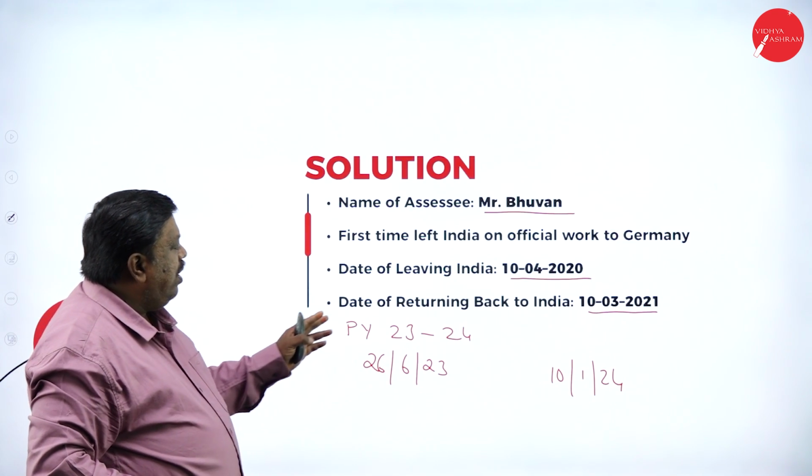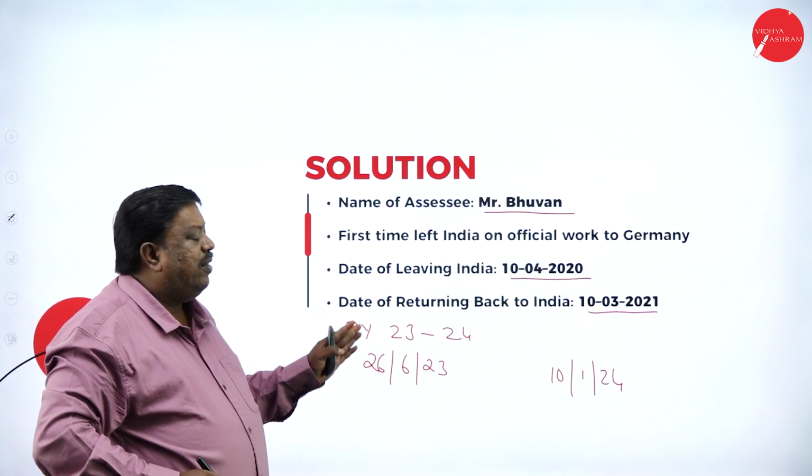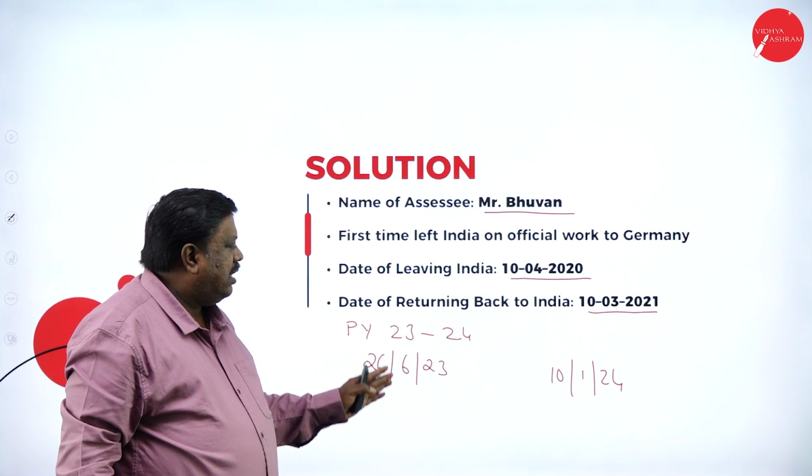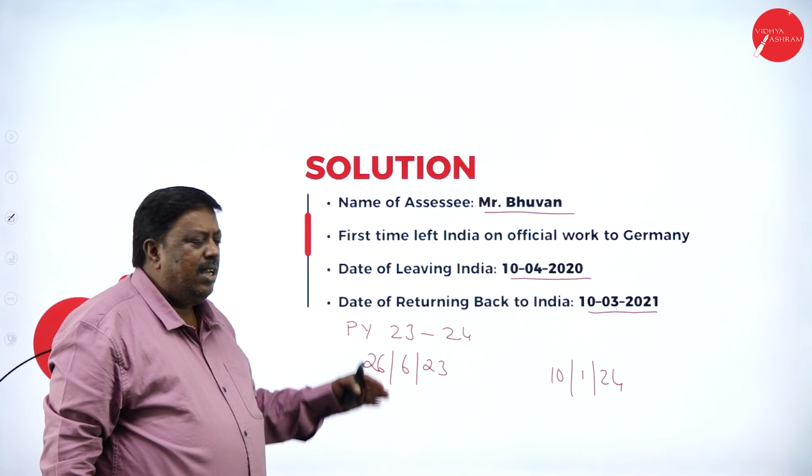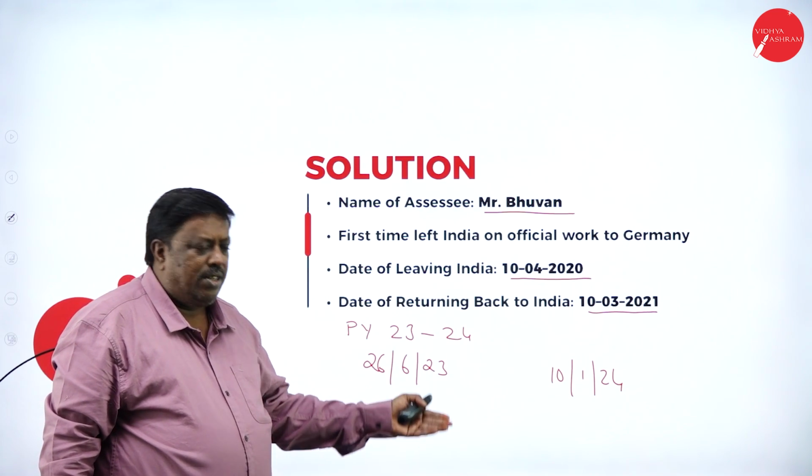So now, during previous year, how many days was I in India? We have to determine that. And if I satisfy the basic condition, then we'll go for further additional conditions.